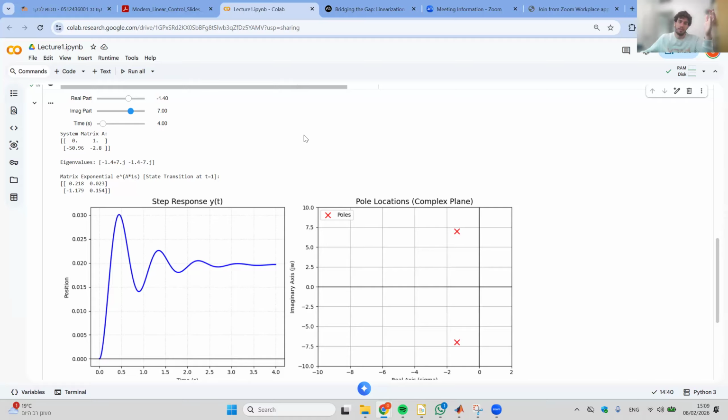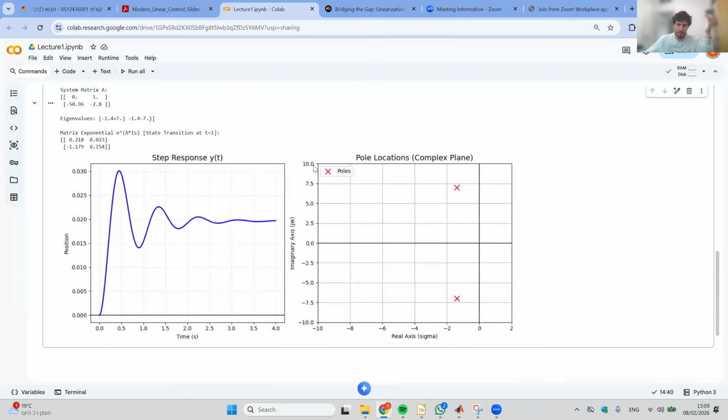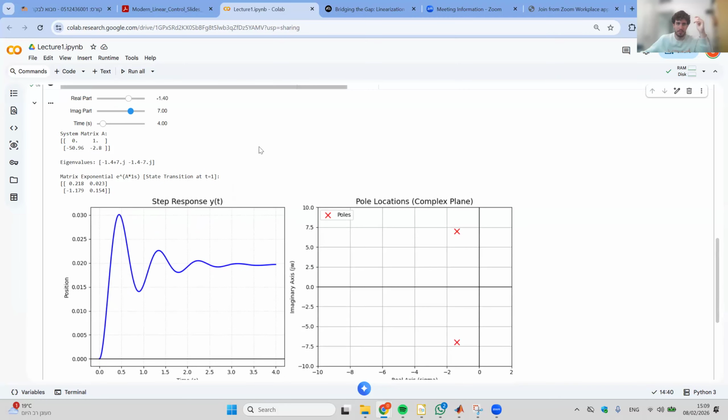Okay, so what does it mean? Here we have this nice interactive plot. Here we take a 2x2 system and we plot its poles. On the right you have the poles, and on the left we have the step response.